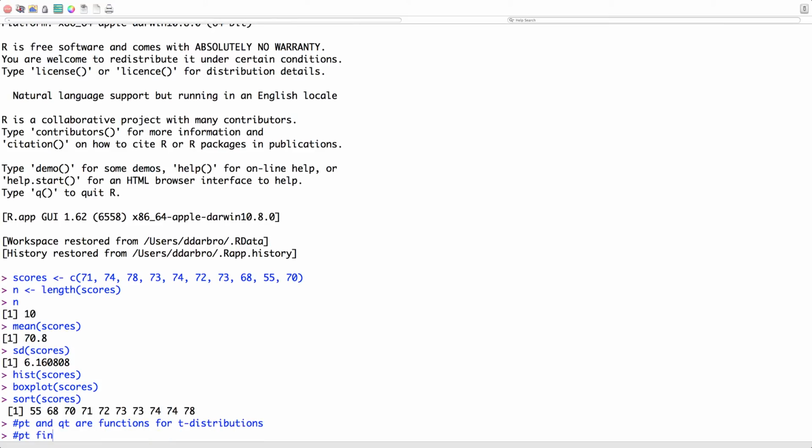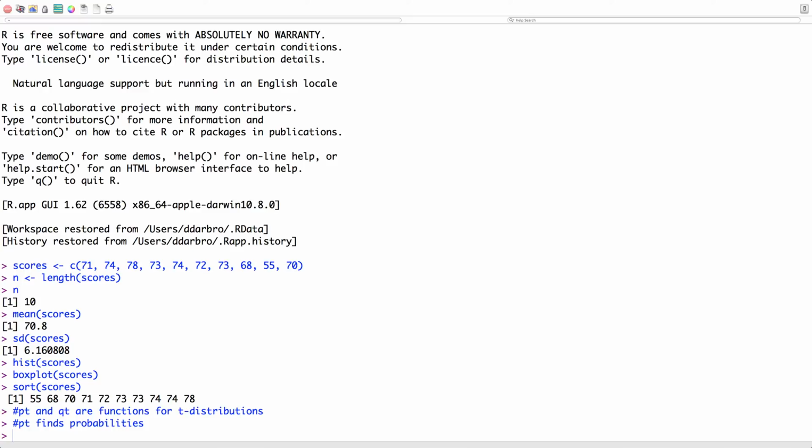PT finds probabilities, and QT finds scores from our distribution with a certain percentage of the area under the curve to the left or to the right, and I'll show you how that works in just a second.